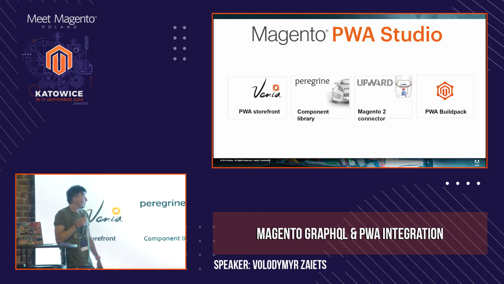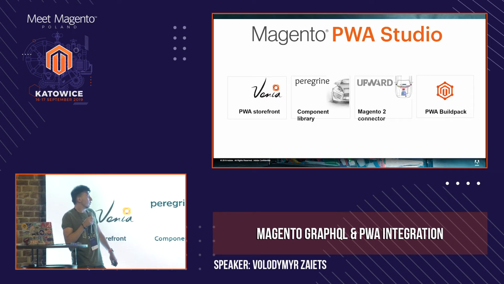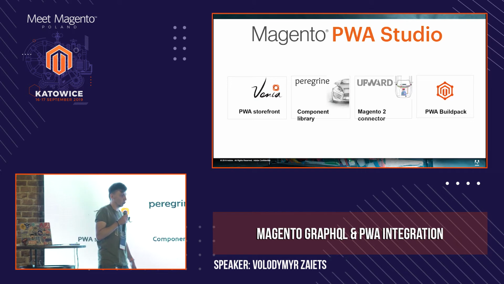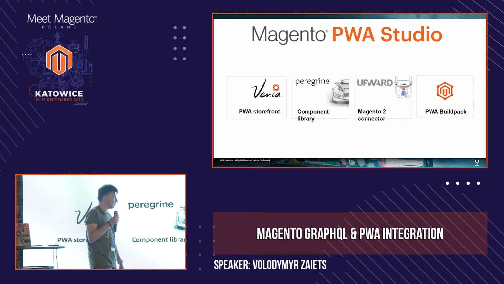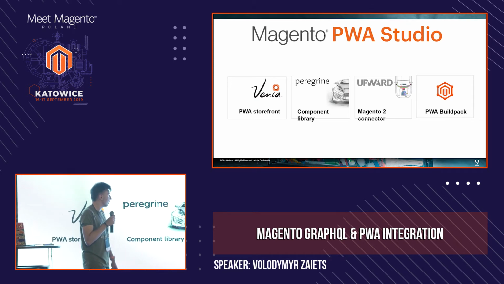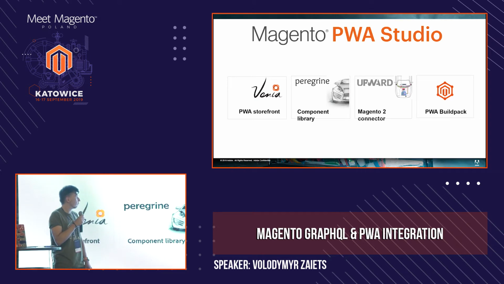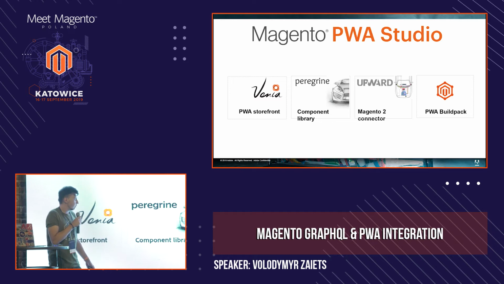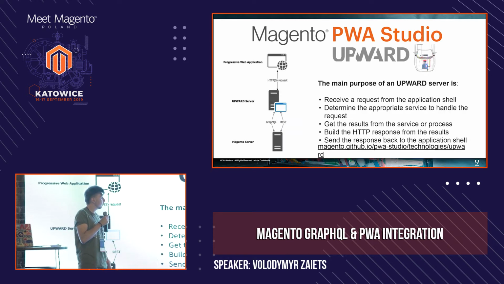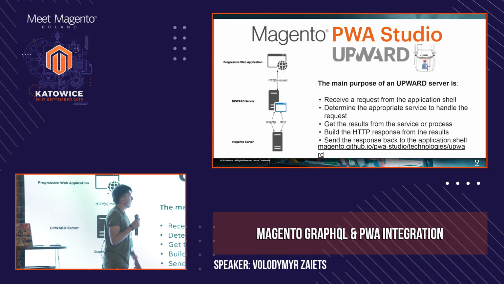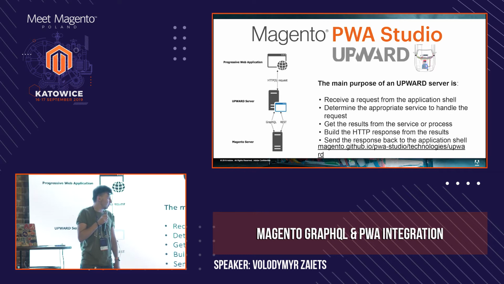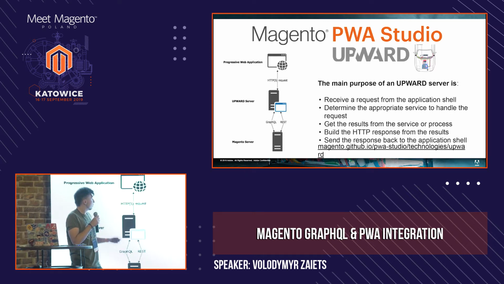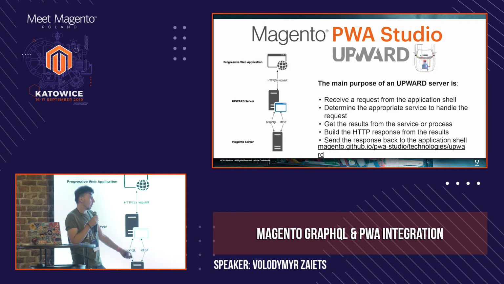So in Magento, we decided to create a complex solution to develop your own PWA application. Magento provides a few packages, and the first one is Upward. Upward is a server that sits between the progressive web application and the APIs.